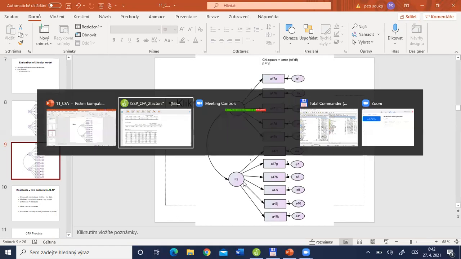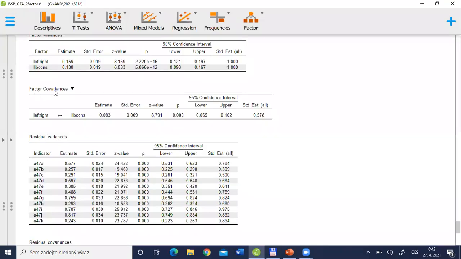And we can confirm these results currently by this table, factor covariances. And if we take a CFA solution, left-right scale and liberal conservative scale are correlated by 0.578. So these results for EFA and CFA are quite close.